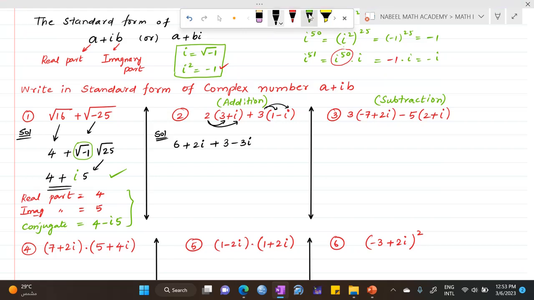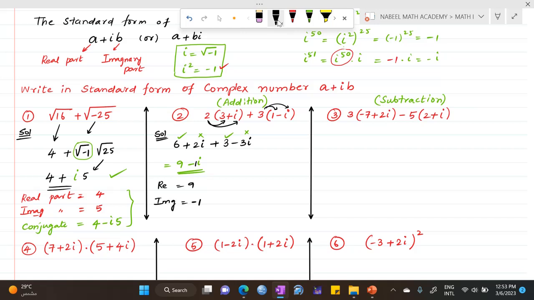Now add the real part with the real part, and the imaginary part with the imaginary part. So the real part is 6 plus 3, which is 9, and the imaginary part is 2i minus i, which is equal to i. So this is the standard form of a complex number. Suppose the question is asking, the real part is 9, and the imaginary part is equal to 1.